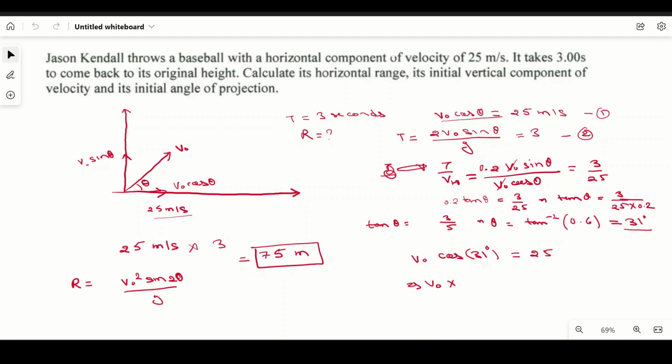Cos 31 is 0.8571, so V naught will be equal to 25 divided by 0.8571, which is 29.16. So V naught is 29.16.